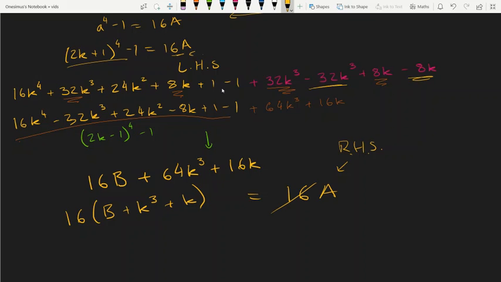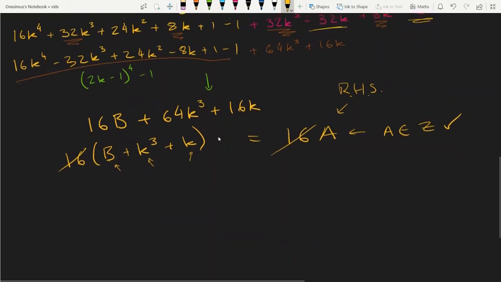Because we can cancel 16s off both sides, we know that a is going to involve b plus k plus another k, or k cubed. Because these k's are both positive integers, and b we know is an integer, and the sum of integers is an integer, because there are no decimal points anywhere, we know that a is in the set of the integers, which means, boom, this step is checked out, and we've got a really nice way to go.